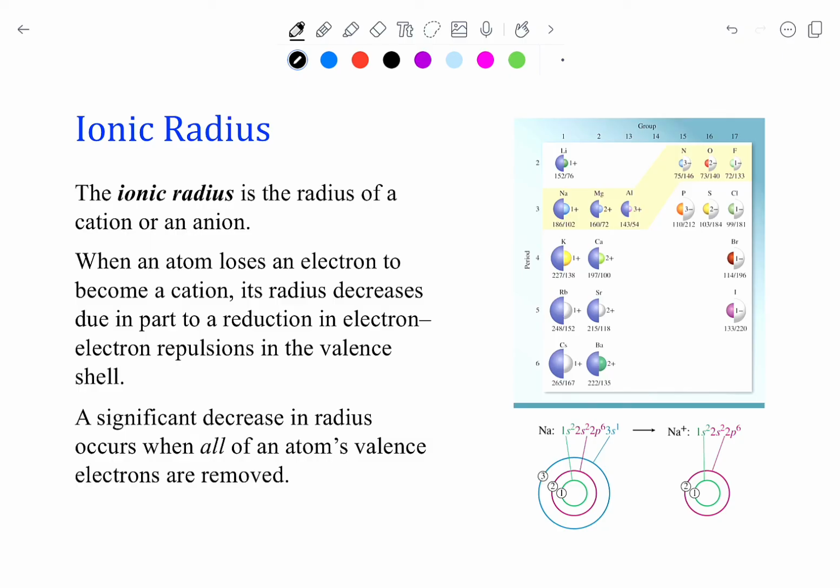When an atom loses an electron to become a cation, so if we're creating a cation, we're looking specifically at this portion of our periodic table in our image here. So all of our metals, group 1 and 2, as well as some in 3A, when we're forming a cation, the radius decreases because we're taking away one of those shells, one of those orbits.